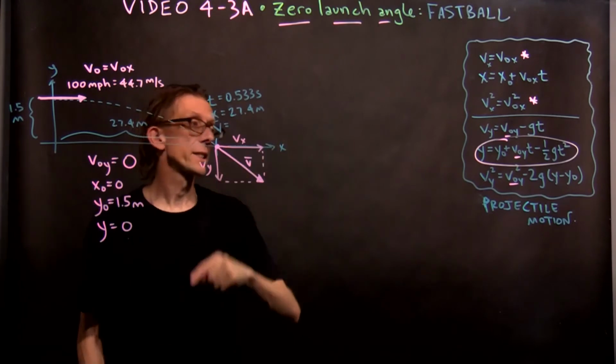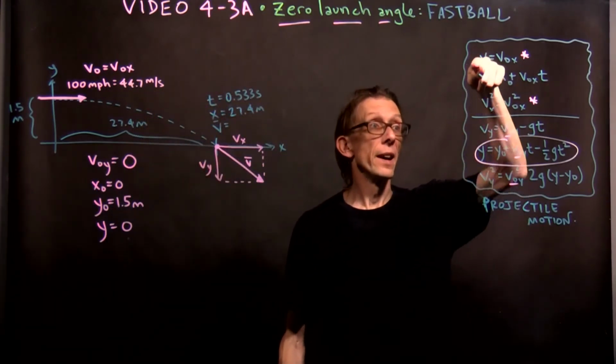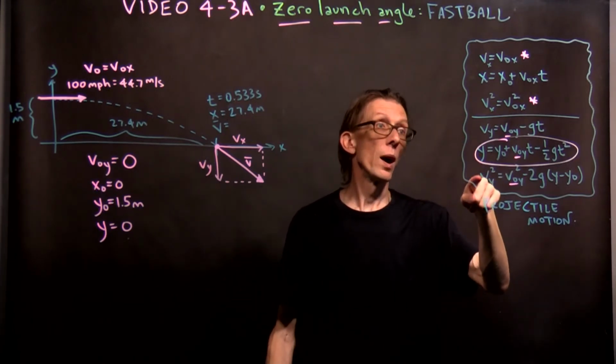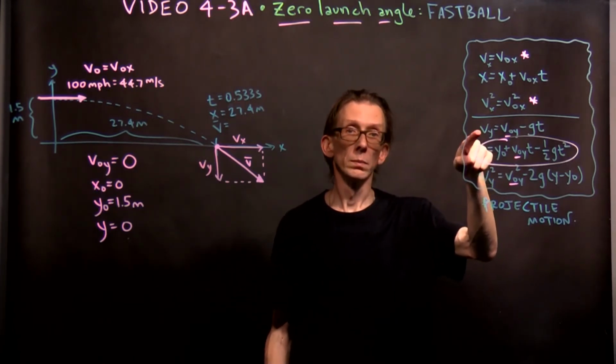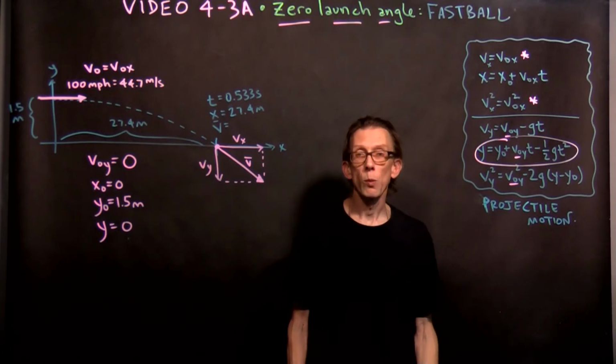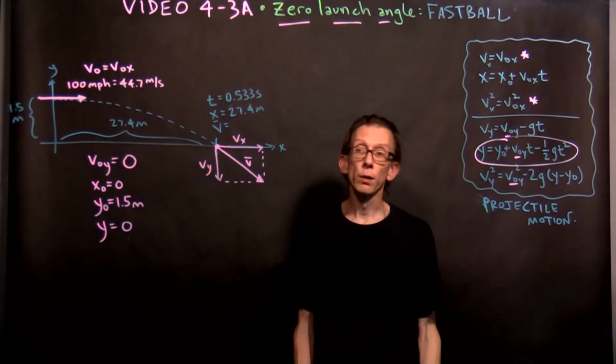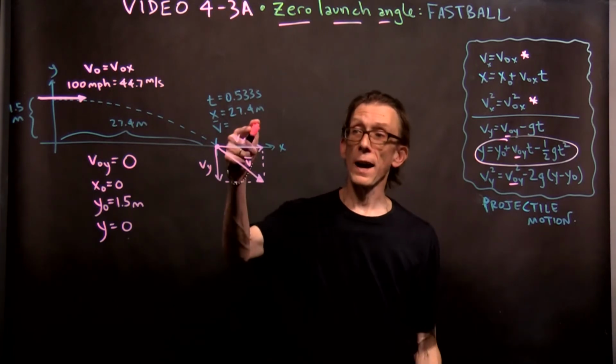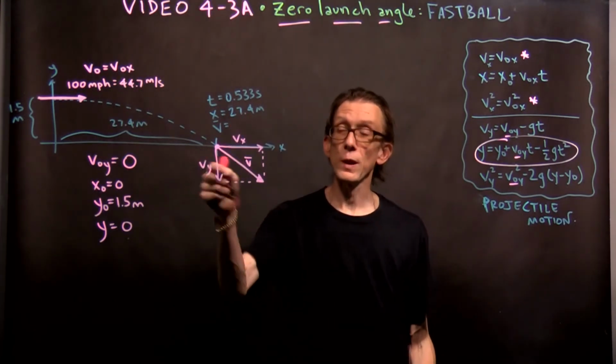And this Vx is that Vx. That Vy is that Vy. And that's what we're looking for. We want to know what the final velocity vector is. So to find that, the only way to do it is to find Vx and Vy separately.